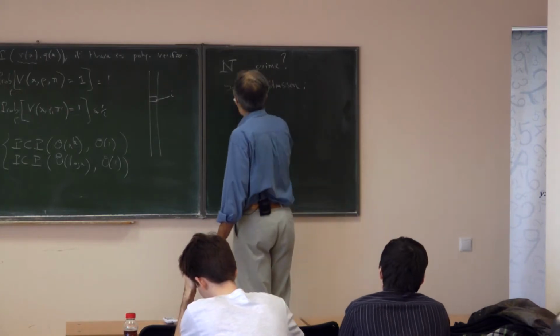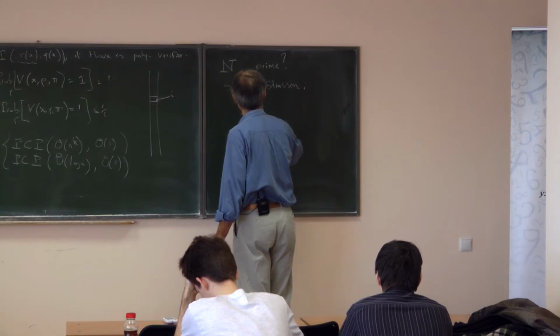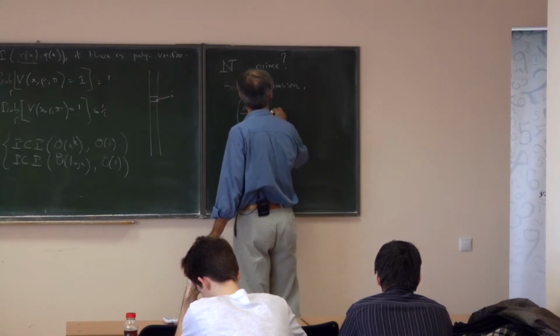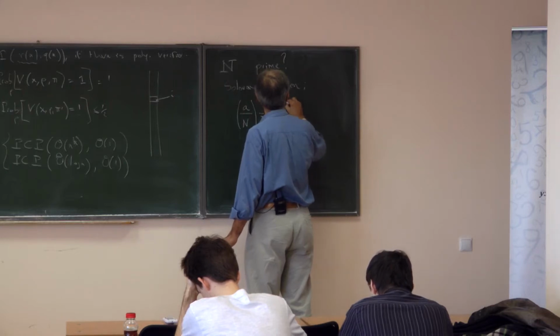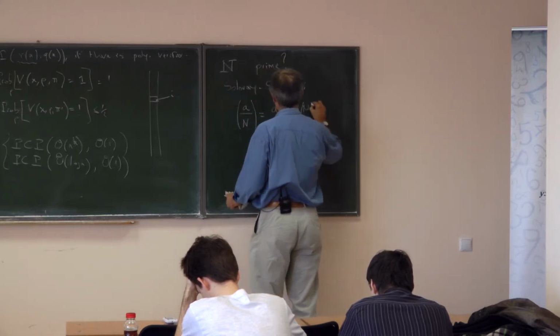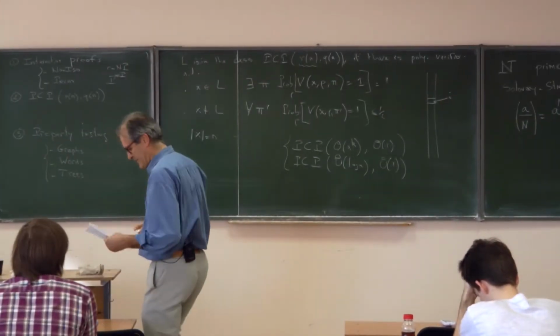Essentially, N is prime if you compute a certain function and compare it to a to the (n minus 1) over 2 modulo n. You all know this test, it's a very famous thing.